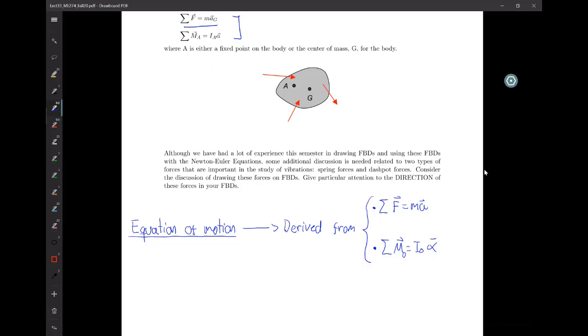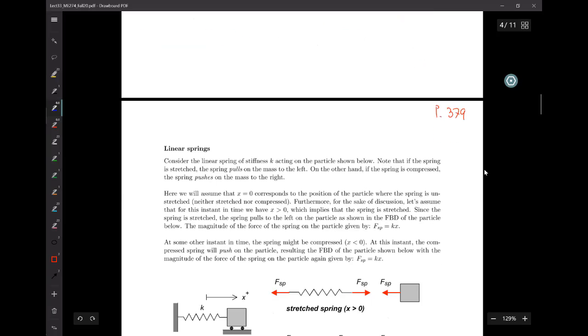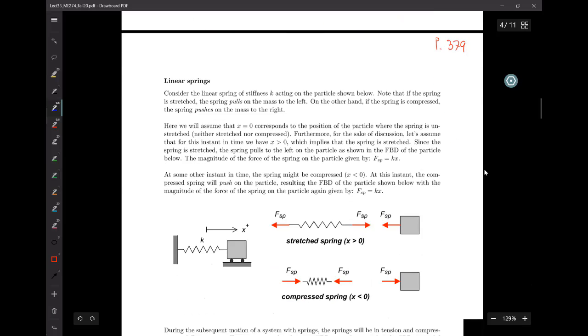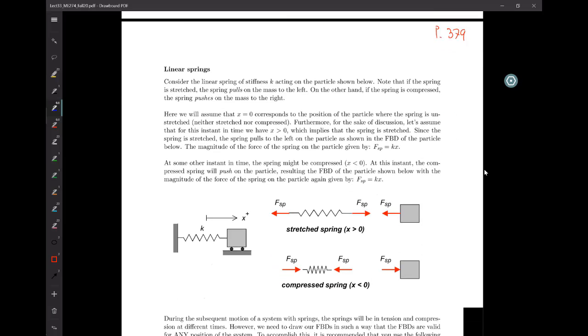Now, let's see how we apply that. We need to first do a few things, sorry. So I think we're familiar with what springs are, most of us, hopefully. Now, you see, these problems and getting the equation of motion, we're going to get it from Newton's second law.